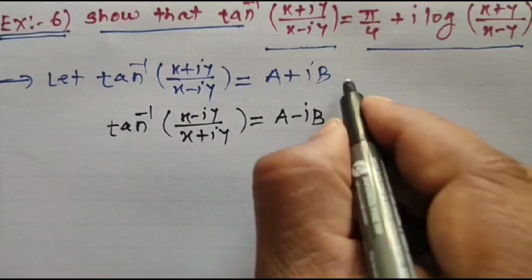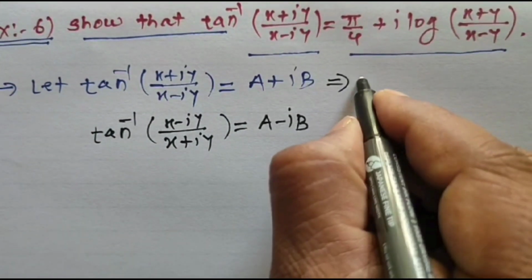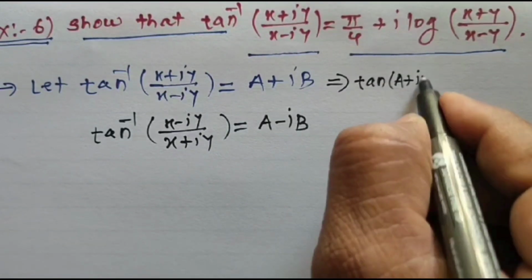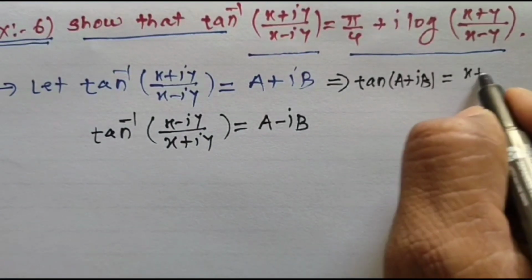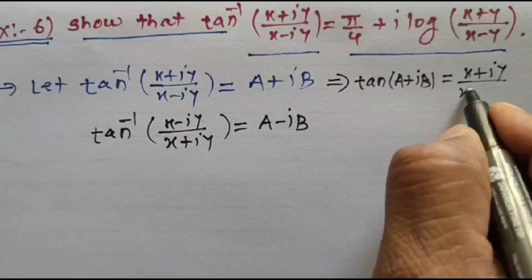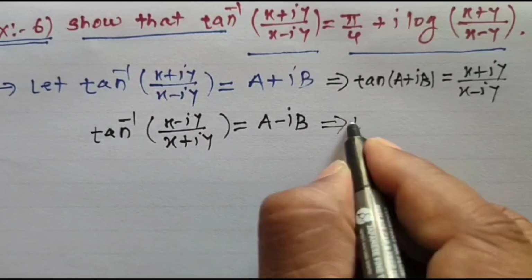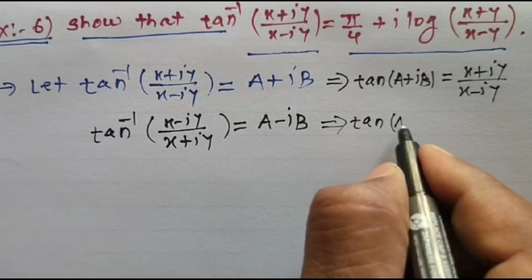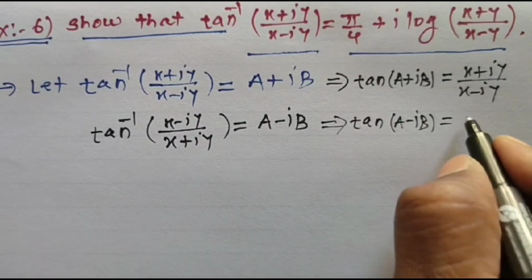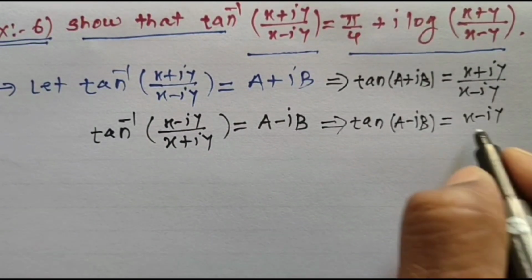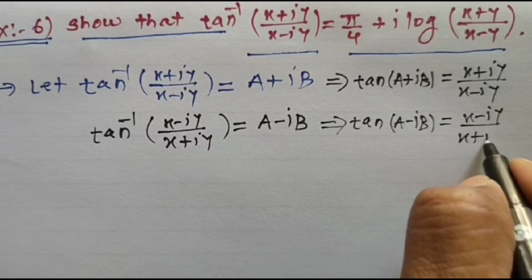This gives tan of (a plus ib) is equal to (x plus iy) divided by (x minus iy), and this gives tan of (a minus ib) is equal to (x minus iy) divided by (x plus iy).